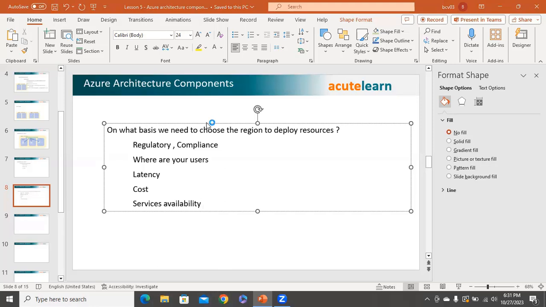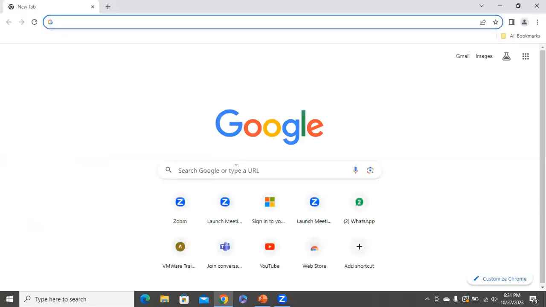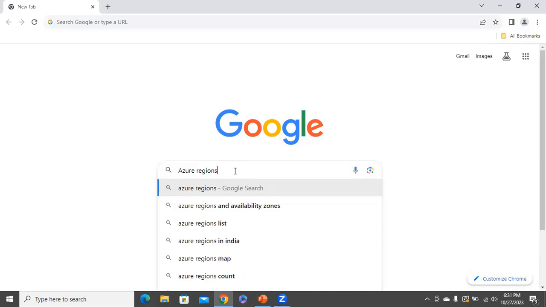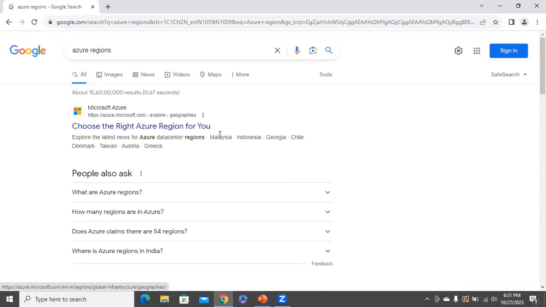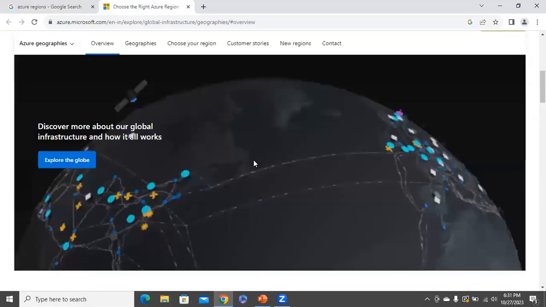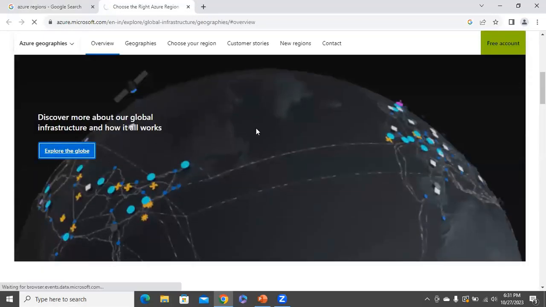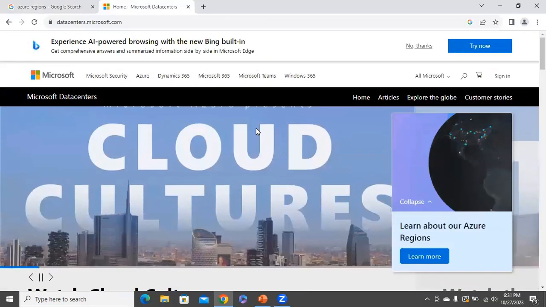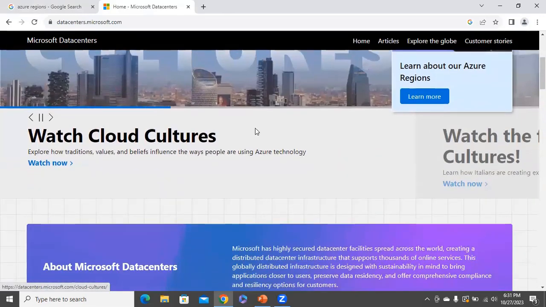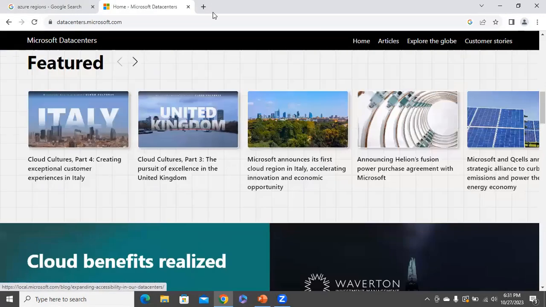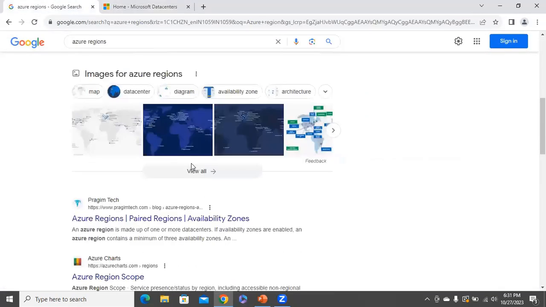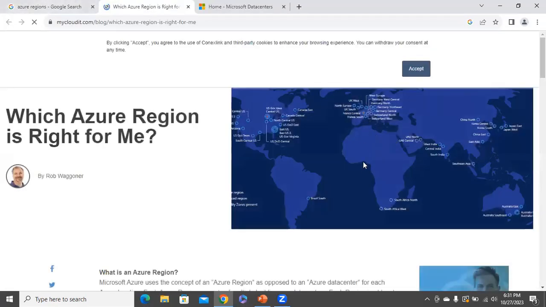So when we look at the regions, we can see in this diagram that Microsoft has data centers all over the world.